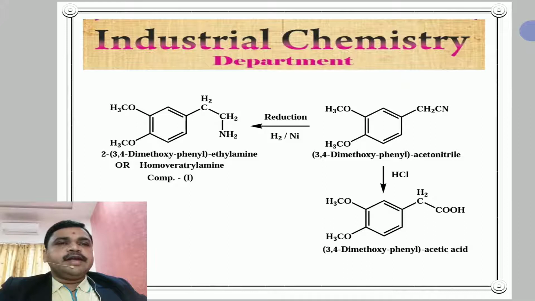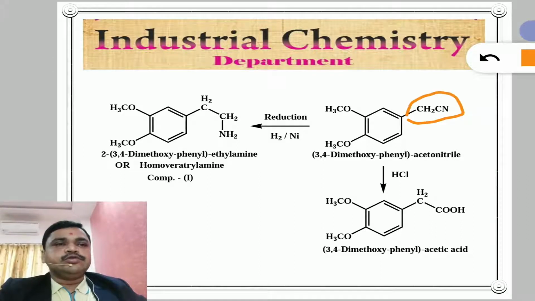So on reduction, first of all we see the reduction. Here our acetonitrile CH2CN group is converted into CH2CH2NH2. On reduction, 4 moles of hydrogen is introduced and CN is converted into CH2NH2.